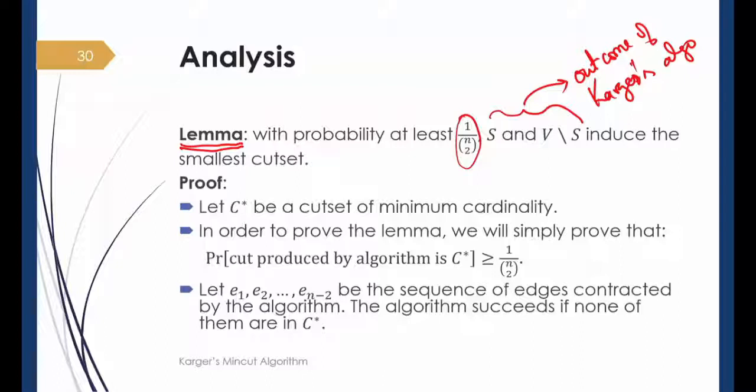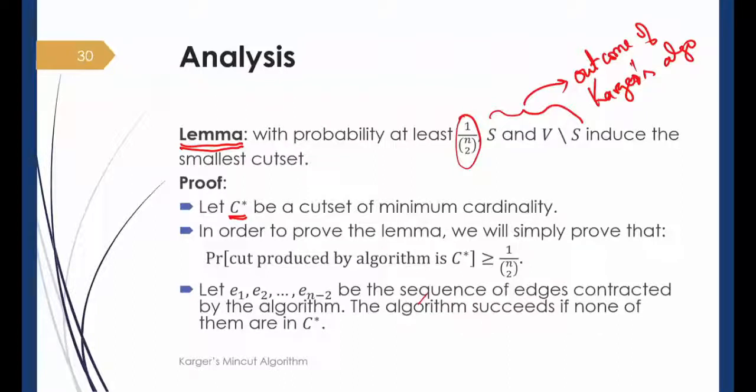To prove that, we will focus on one of the minimum cardinality cut sets. There could be many minimum cardinality cut sets. What we are going to do is pick one of them, C star, and we will prove something slightly stronger than is required.